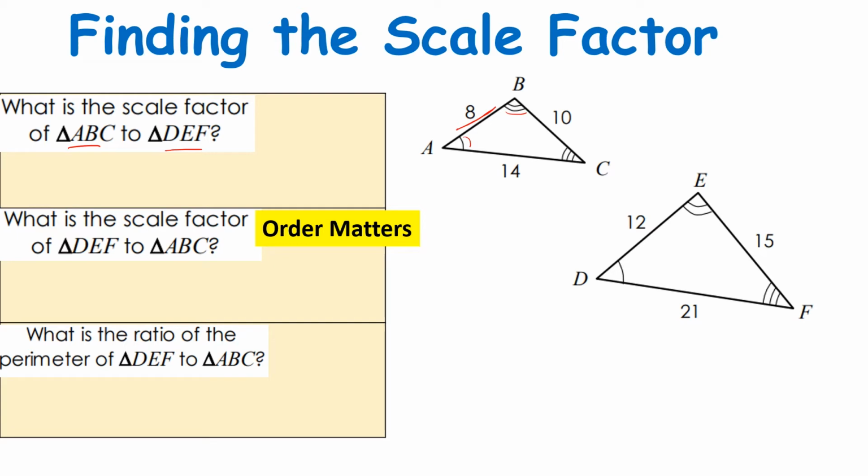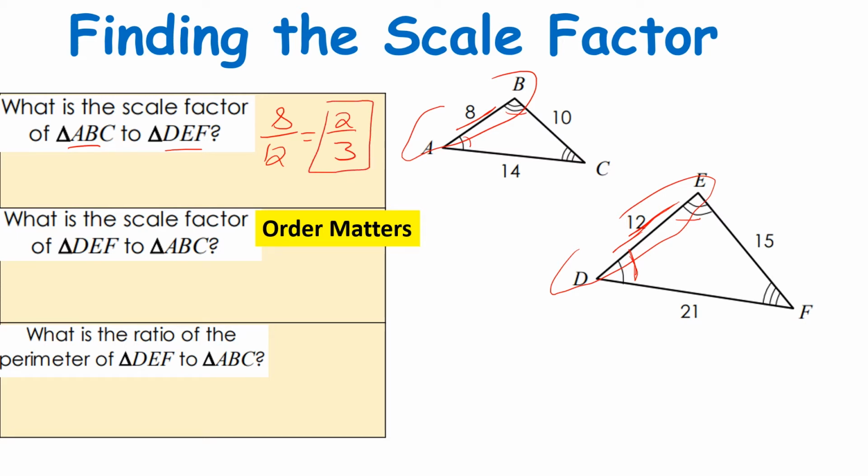So these would be the corresponding sides, AB and DE. We can write that ratio as 8 over 12 and reduce the fraction. They're both divisible by 4, so that fraction reduces to 2/3. And so the scale factor for triangle ABC to DEF is 2/3.